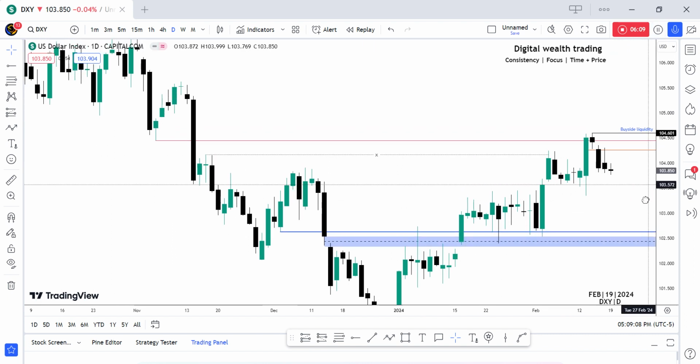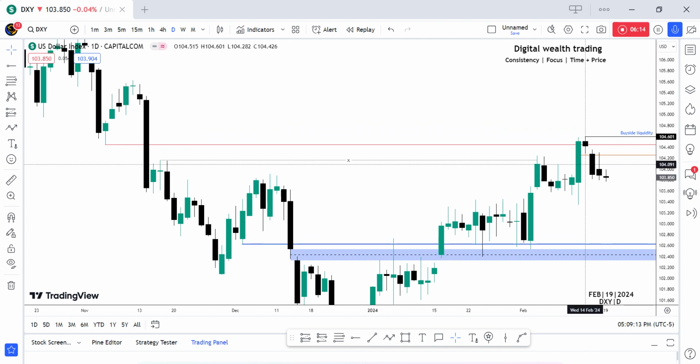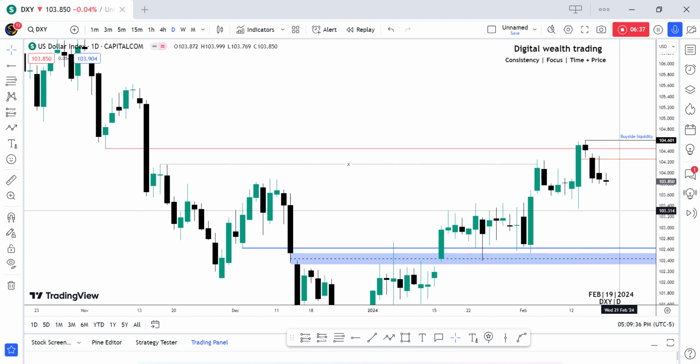So this is the DXY, which is the dollar index daily contract. We can also see there is not much volatility on the dollar index. We also want to see tomorrow price above this high, which is today high on DXY, and price into the fair value gap, or the consequent encroachment of this particular candle, before going lower.